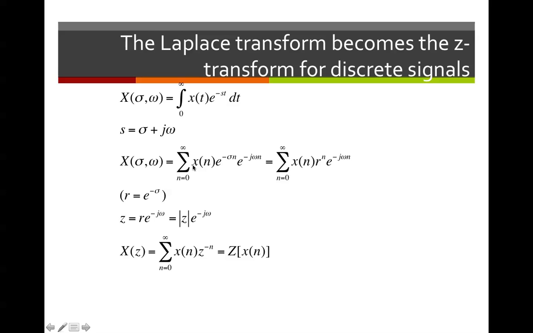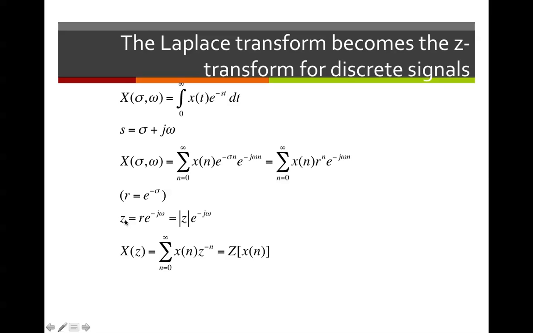Now the first step in the Z transform is we're going to make a single replacement where this e to the minus sigma, the damping part of the exponential, we're going to replace with r. So the e to the minus sigma n term is going to become r to the n. And then the next thing is, if you look now, we have this grouped r to the n e to the minus j omega n. So what we're going to do is define the variable z to contain everything except n, which is our actual time variable.